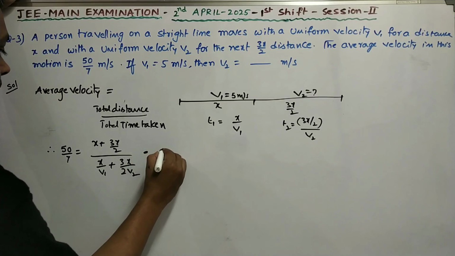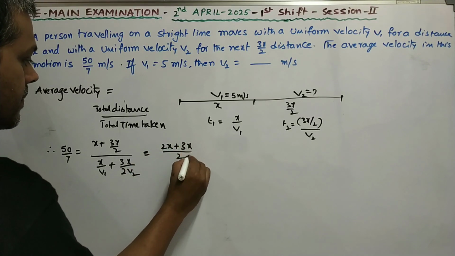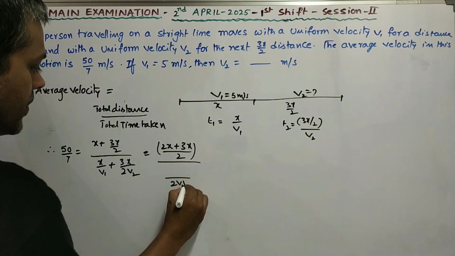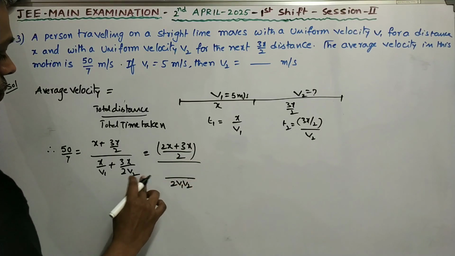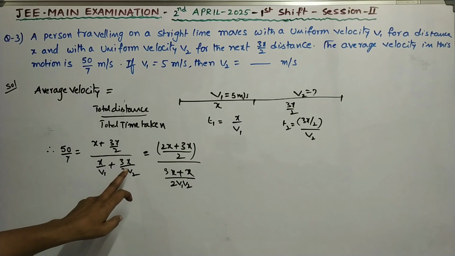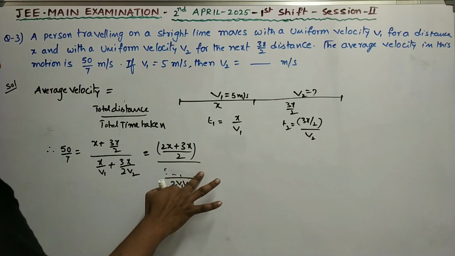Isn't it? So we get 2x plus 3x by 2 by 2v1 v2, into 3x plus x. Isn't it? That means it is not correct.